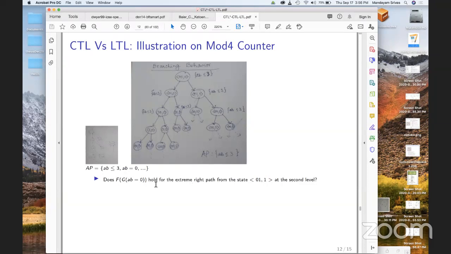Does this hold good for the extreme right path on the branching behavior of this mod 4 counter starting from 0, 1, 1? Does it specifically hold good for this extreme right path that I'm moving my cursor over, starting from 0, 1, 1?